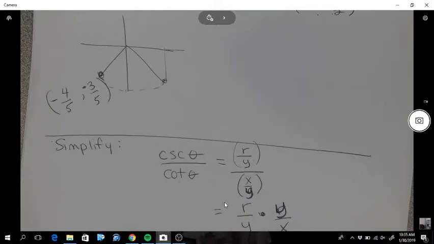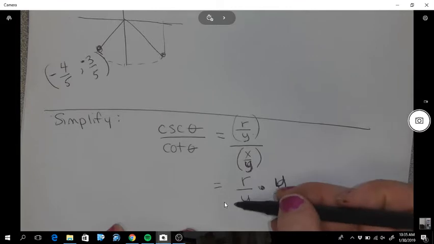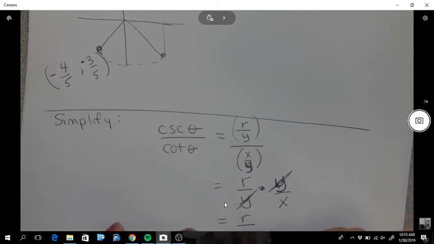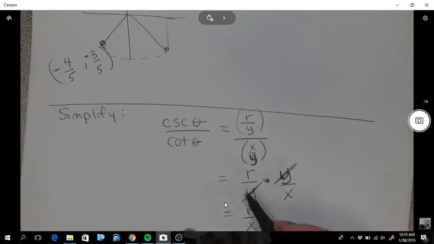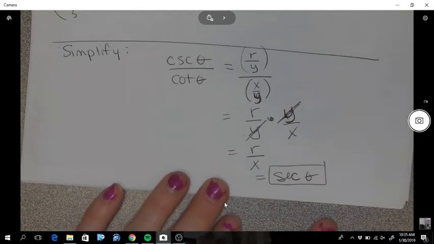So then I'm going to times and flip that fraction. And then when I see that, I can see the y's would cancel, and you get r over x. So that's the opposite of cos, so this would simplify into secant of the angle.